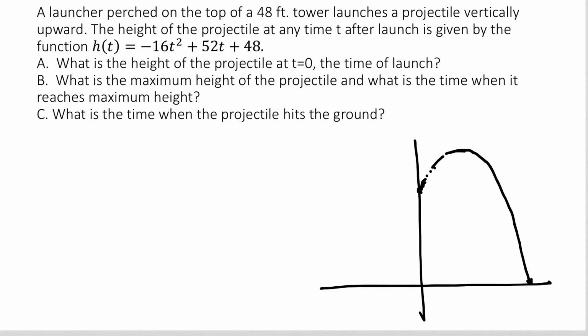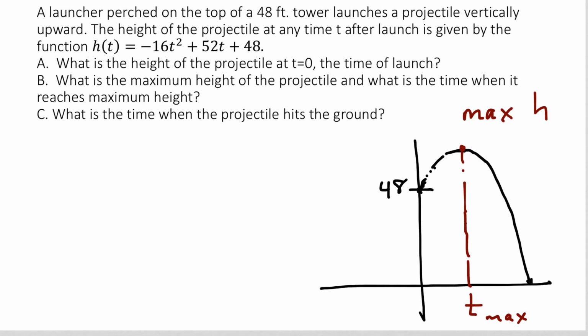These are very common problems. So this is 48, and right here, we're going to reach our maximum height at a certain t, I'll call it max time, t max.